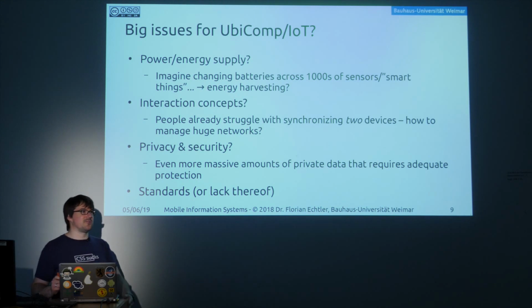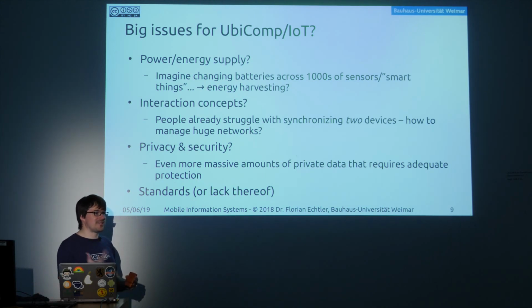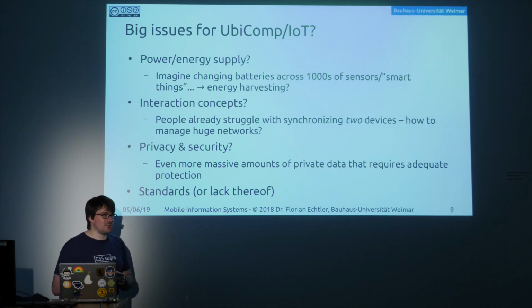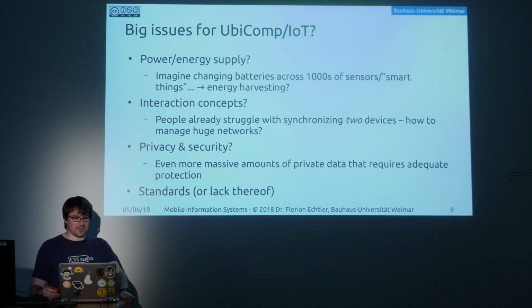And you don't want to change batteries on hundreds and thousands of sensors. You would need to figure out some way to draw enough energy from the environment somehow: temperature difference, vibration, pressure, whatever, to extract a tiny bit of energy to power that wireless module, for example.